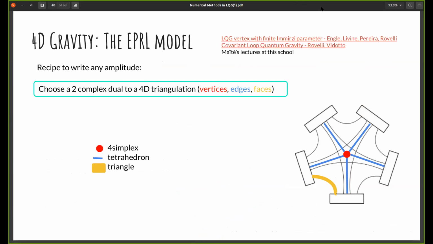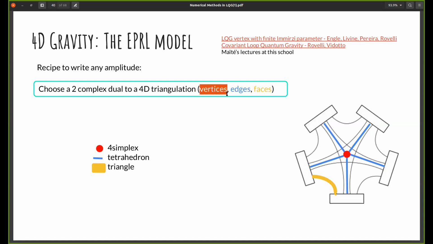Okay, so how do you build the EPRL spin foam amplitude? Well, the recipe is very similar to what we did for the Consonant edge, and you start from a 2-complex, but now the 2-complex is dual to a 4-dimensional triangulation, not a 3D one.